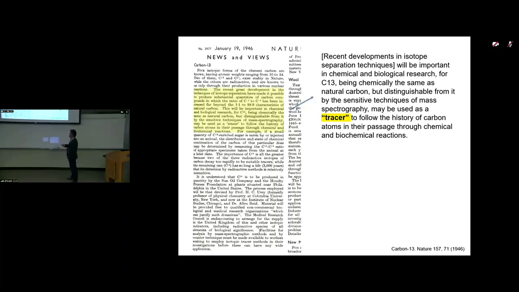So what this says here is if you have substrates that are labeled with C-13, emphasizing that C-13 and C-12 are pretty much the same chemically, you can potentially use this as a tracer to follow the history of carbon atoms in their passage through biochemical reactions.